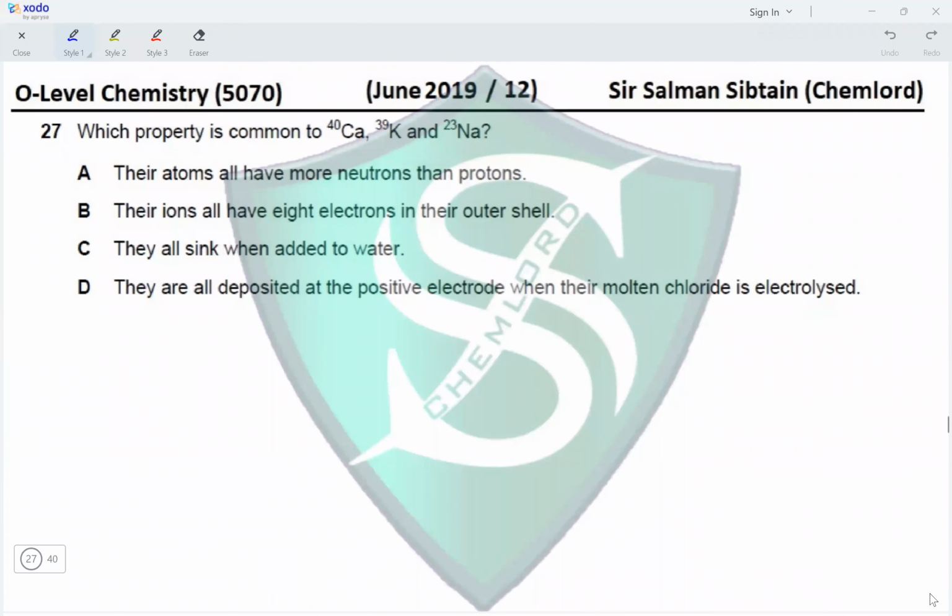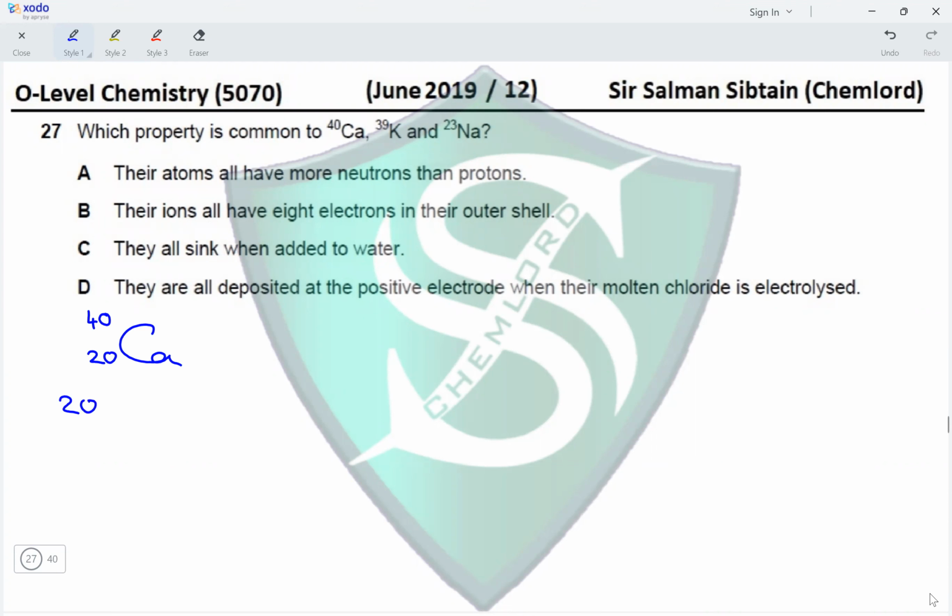Question 27. Which property is common to calcium, potassium, and sodium? Their atoms all have more neutrons than protons. For calcium, we have 40 and 20, so the number of neutrons present is 20.